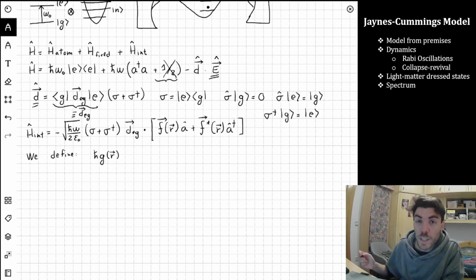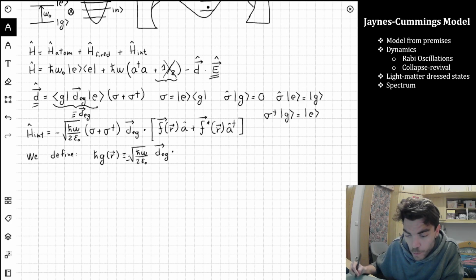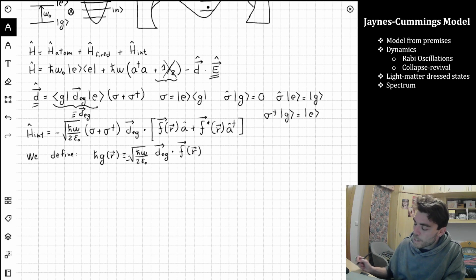So h bar g is energy, it's going to be the interaction energy. We can define it as the square root of h bar omega over 2 epsilon 0, with a negative sign, sorry for that, and then the dipole bracket D_eg dot product with the spatial function of the light field.